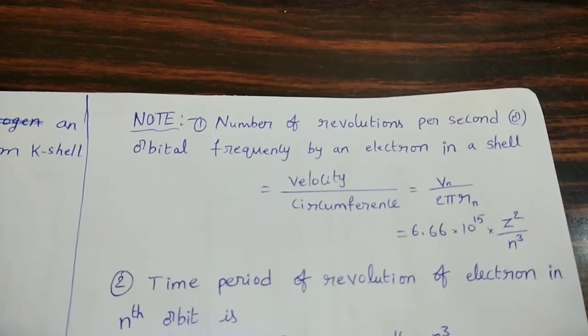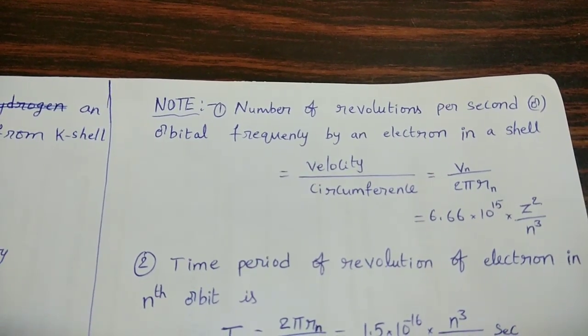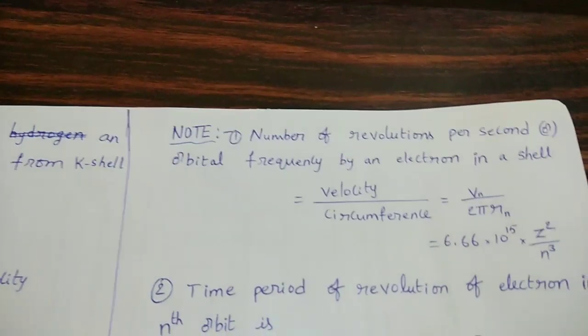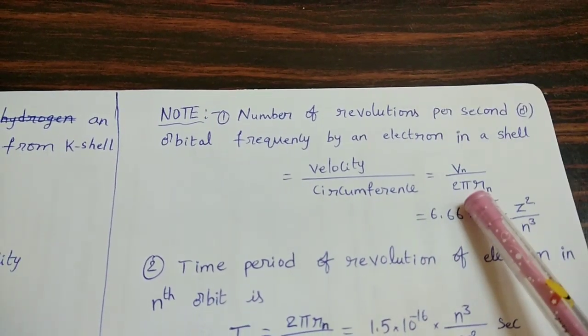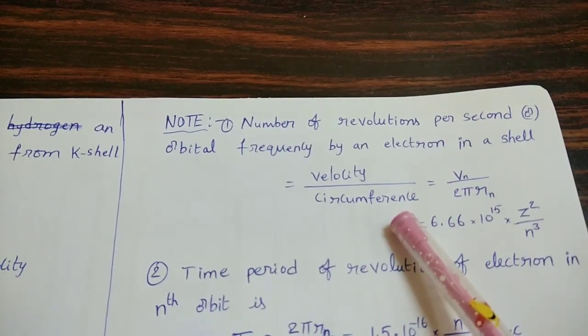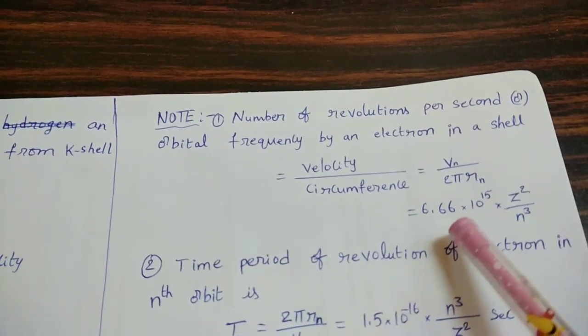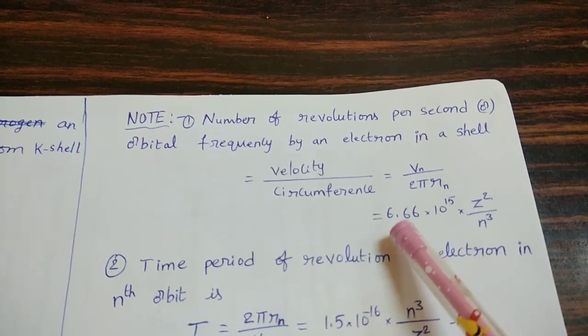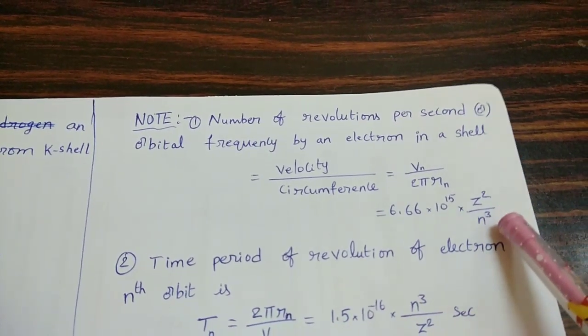Next, see the next one. Note, number of revolutions per second or orbital frequency of an electron in a shell is equal to velocity divided by circumference. Velocity Vn divided by, according to Bohr, orbits are in circular path, so formula 2 pi Rn. So from this we get 6.66 into 10 power 15 into Z square by n cube.